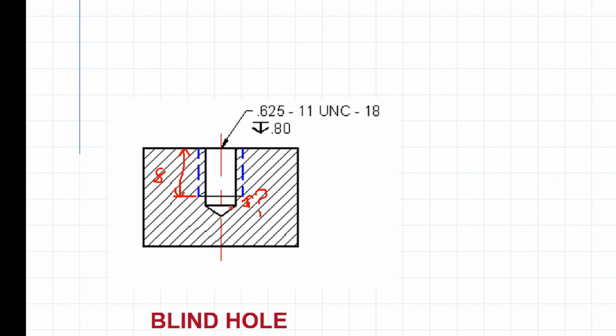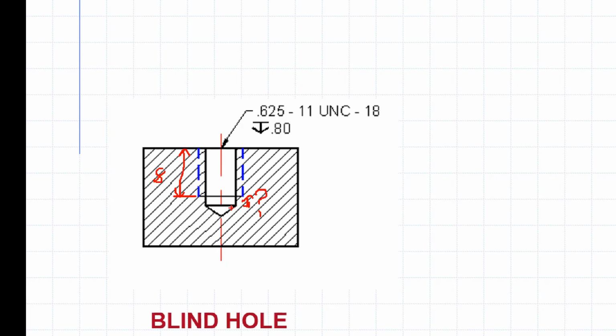And there's several different types of taps, and depending on the type of tap you have, that dictates how much room you need beyond those threads to get the tip of that tap in there. I'm not making the part as the draftsman.